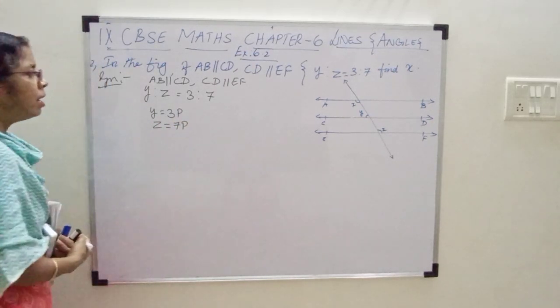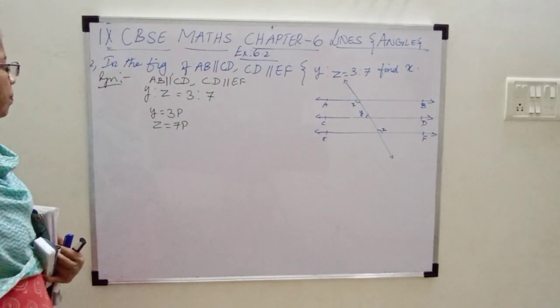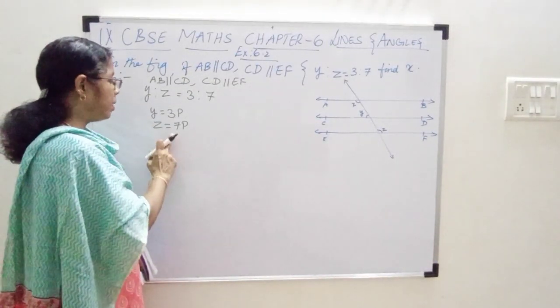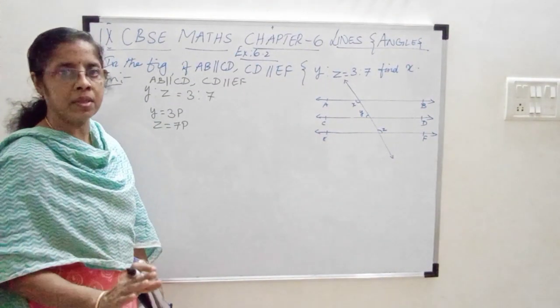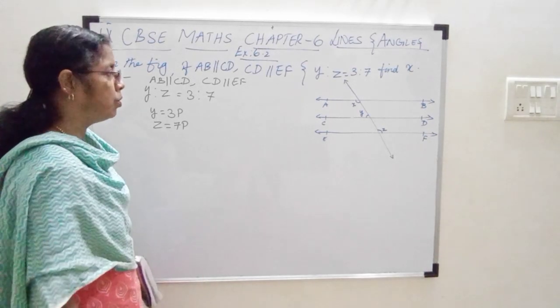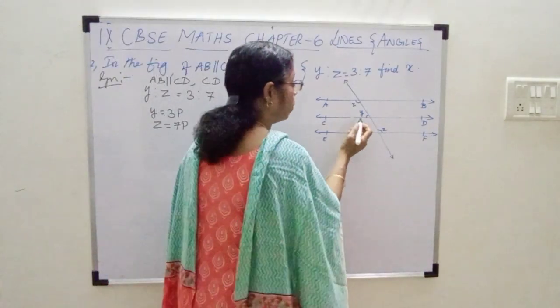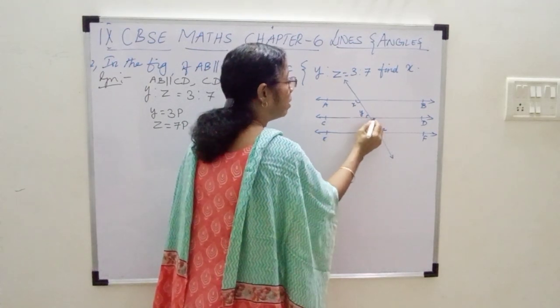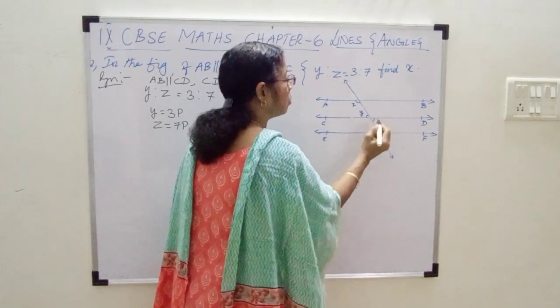Okay. Y equal to 3p, Z equal to 7p, with some unknown factor we took those 2 things. Now here, this angle is Y. This angle is also equal to Y.